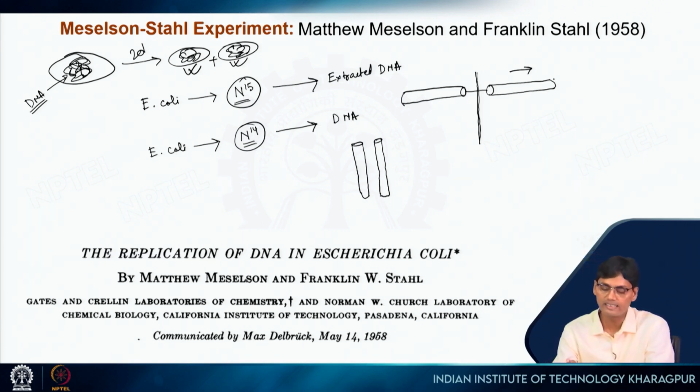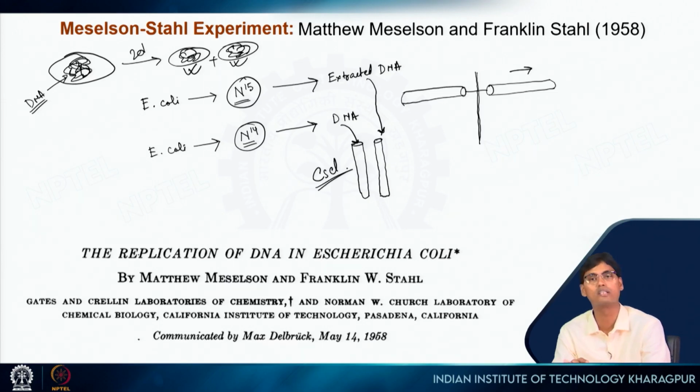Now, what they did, they loaded DNA samples, from this N15 sample here and from the N14 containing sample, in this tube. In this tube, they have some solution which is made up of very high density cesium chloride. They particularly used cesium chloride during this experiment, but many other things can be used.